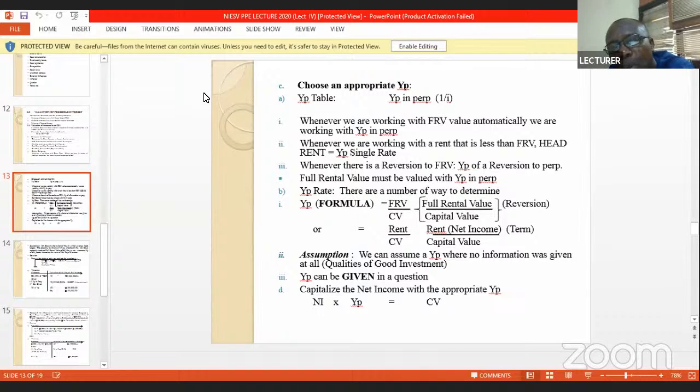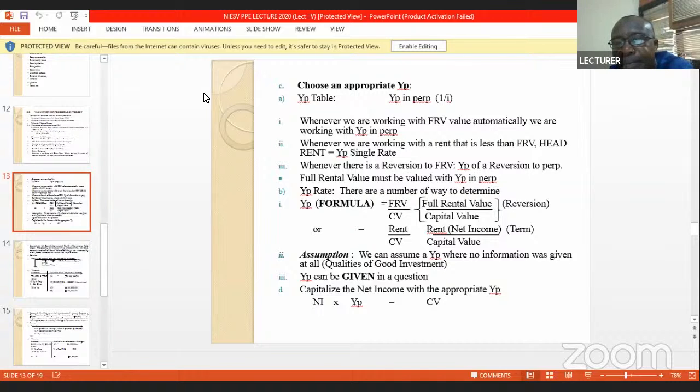But instead of giving you a YP, he puts a similar property, and in that similar property, he gives you the rent and gives you the capital value. What it means is that you have to divide the rent by the capital value to arrive at the appropriate YP.